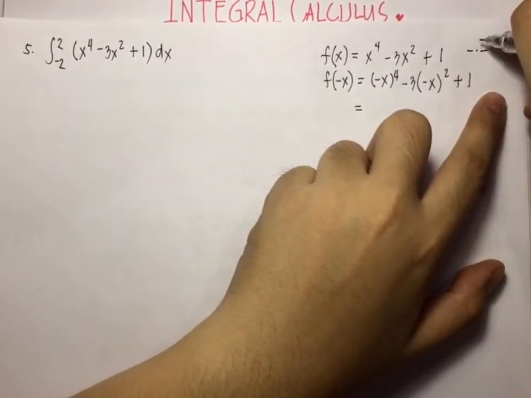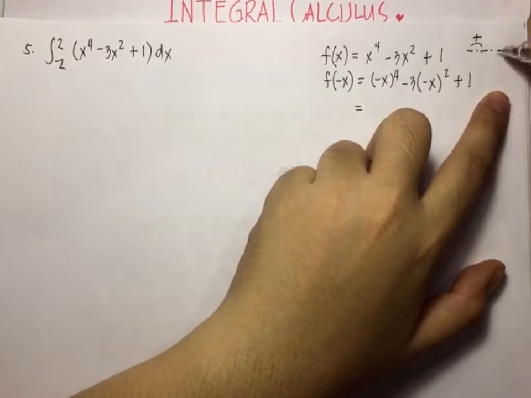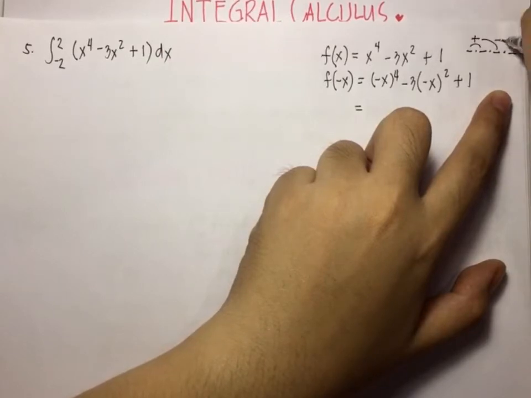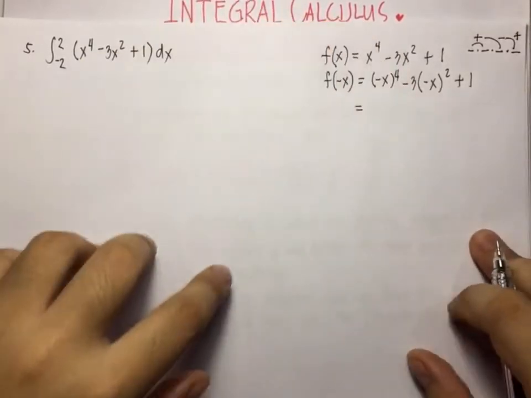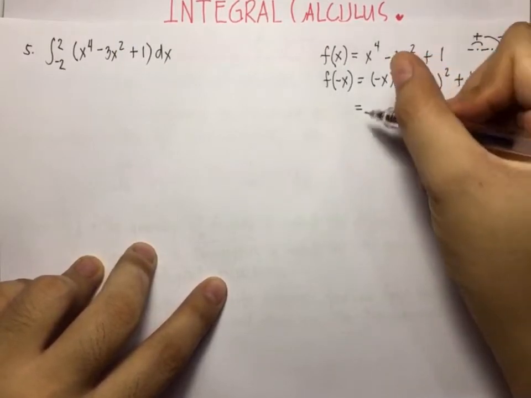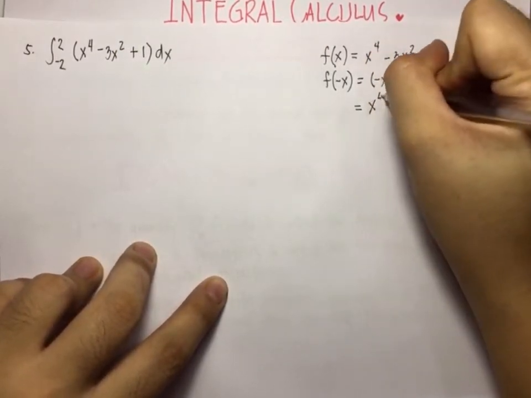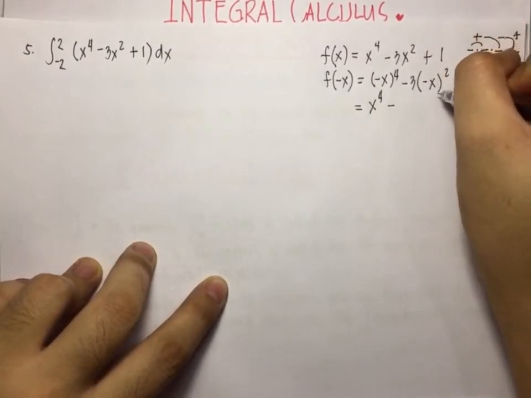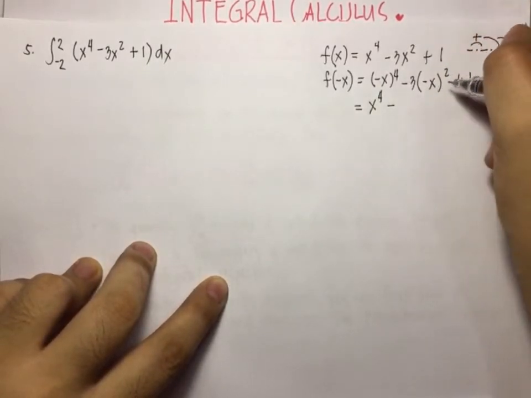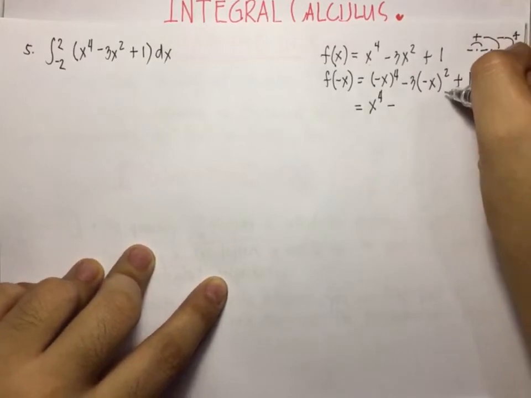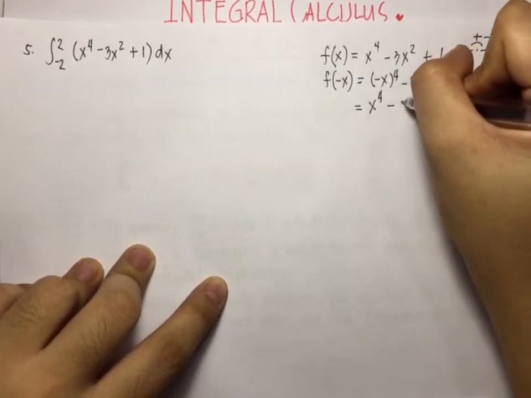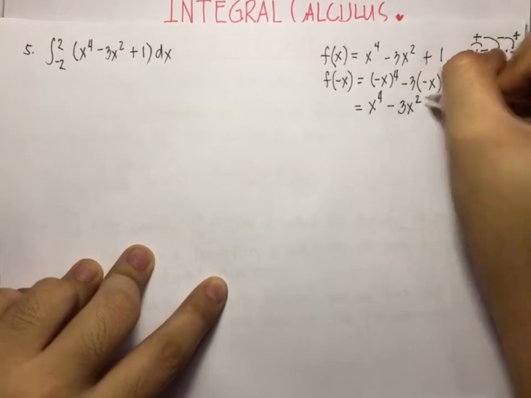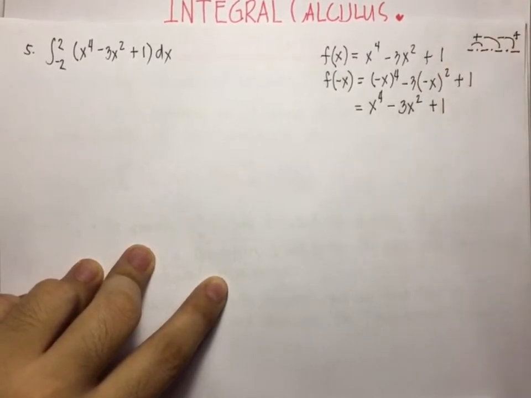Negative times negative is positive, times negative is negative, times negative is positive. So negative x raised to 4 is equal to positive x raised to 4 minus 3 times negative x squared. Negative x times negative x is positive x squared. So we just copy 3 times x raised to 2, then plus 1.